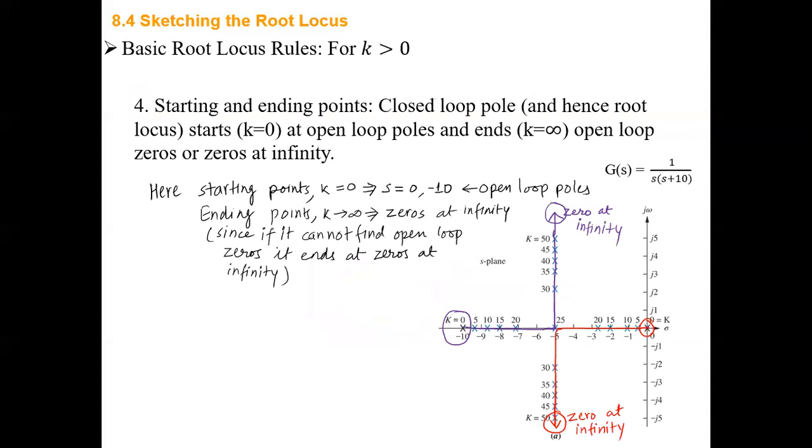Now let's do rule number 4. Rule number 4 is the starting and ending points of the root locus. It always starts with k equals 0. Remember we did k equals 0? So here, k equals 0 belongs here, and here. These are the starting points. It always begins with k equals 0 and always ends at k equals infinity.